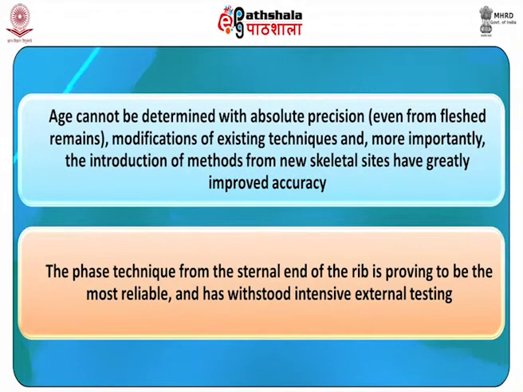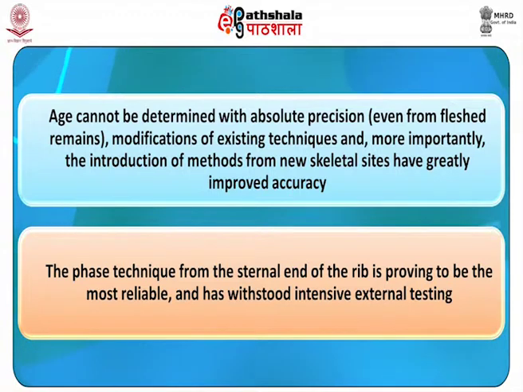Since the early 90s, there has been a surge of interest in research on adult age assessment. Although age cannot be determined with absolute precision even from fleshed remains, modifications of the existing techniques and, more importantly, the introduction of methods from new skeletal sites have greatly improved the accuracy.